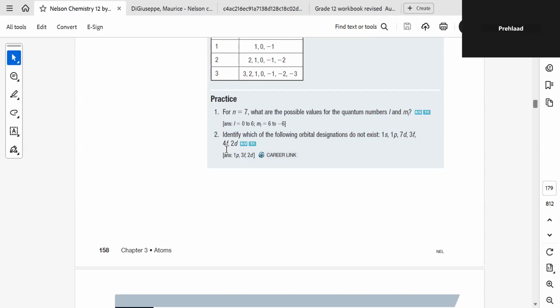If n equals 7, then l is going to range from 0 to 6, because you always have to subtract 1. So that means 0, 1, 2, 3, 4, 5, and 6. And since 6 is the largest number, m is going to range from negative 6 to 6. What I generally do is start from the negative number and go to the positive number.